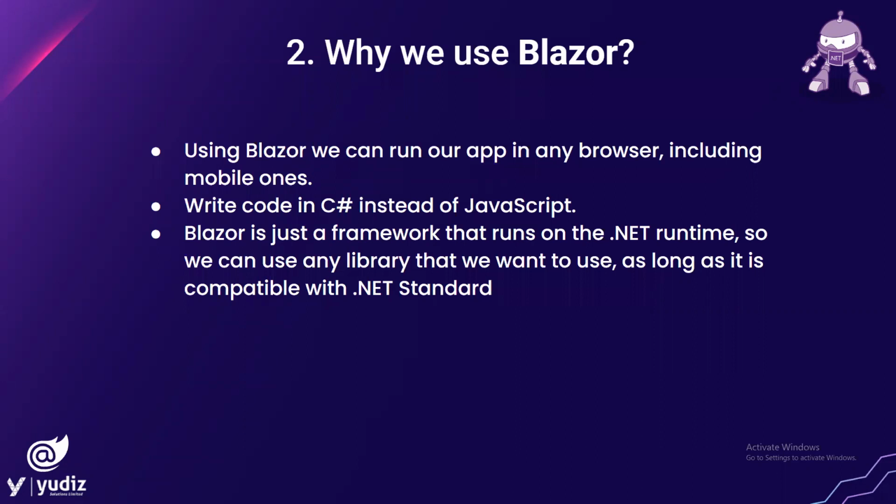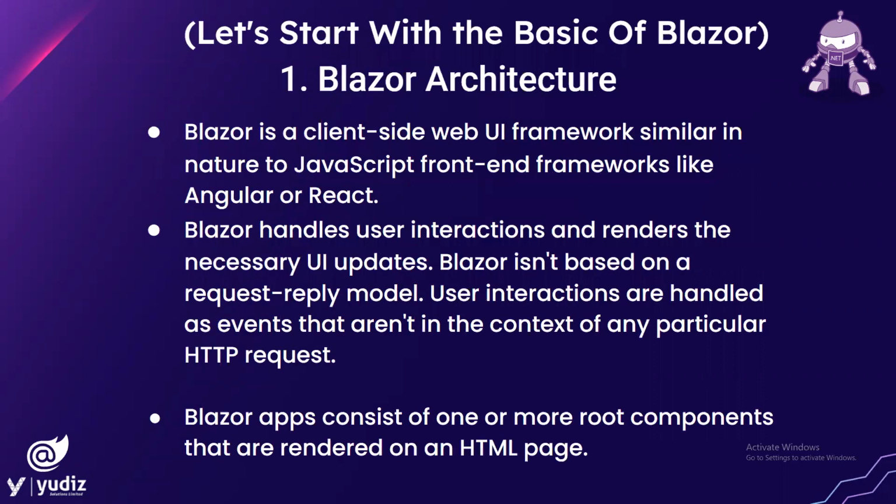In Blazor, we can use our own libraries and almost all NuGet packages. In other frameworks like Angular and React, we must have knowledge about JavaScript. So here Blazor makes a difference. Okay, so let's start with the basics of Blazor.